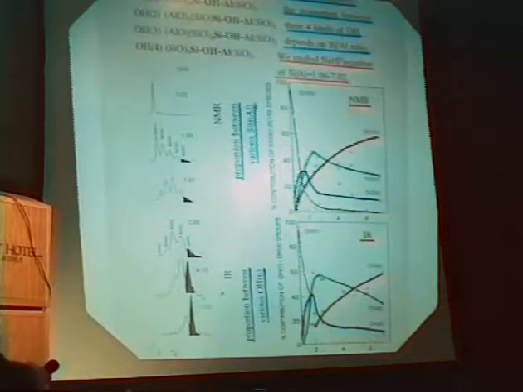So in the case of X zeolite, in which Si to Al is 1, we have only 1 NMR signal, only 1 Si species, the percentage contribution is 100%. We have only 1 kind of bridging hydroxyls, the less acidic, denoted as O1.